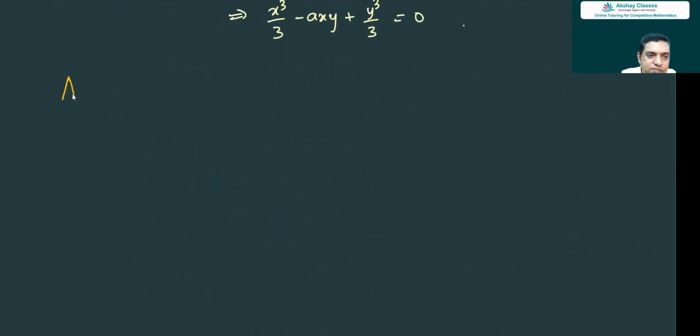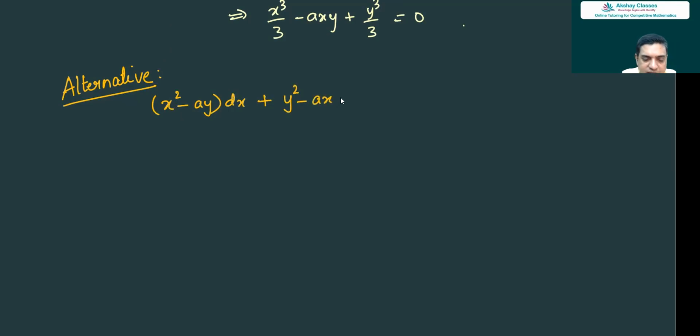Alternative. I prefer this method. Now, (x² − ay) dx plus (y² − ax) dy is equal to 0.